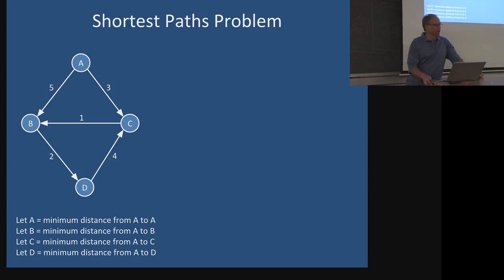Now let's try to write a linear program, an objective function and constraints. So what constraints can you put on A, or let's just take C, for example. What constraints can you put on C? But B is a better one to think about. What constraints can you put on B?